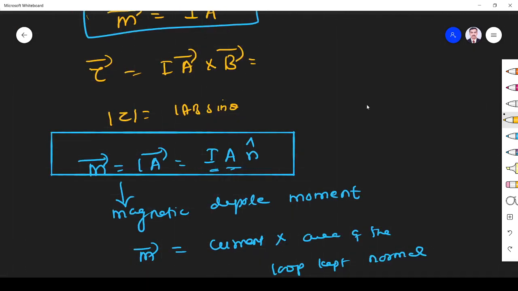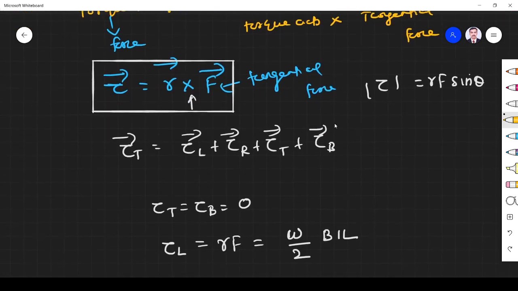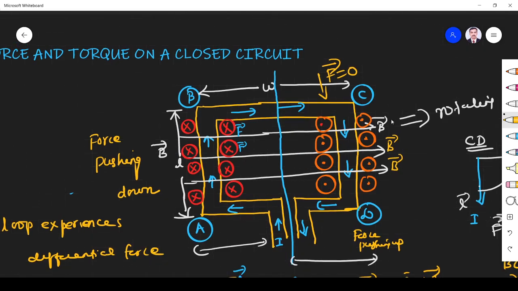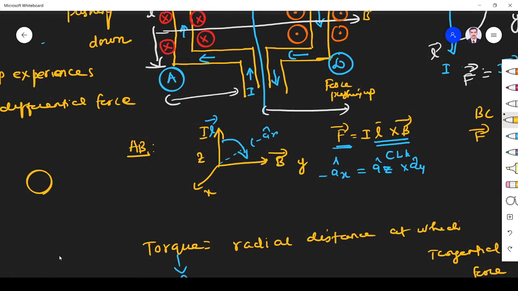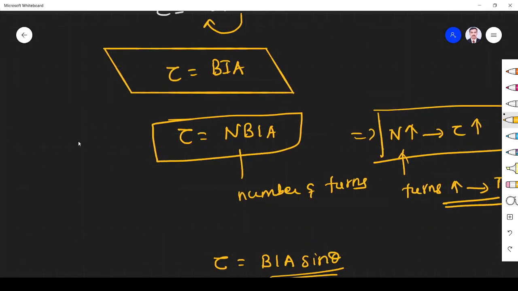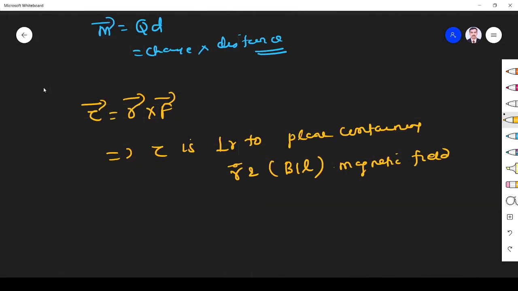It is rotating, pushing down and pushing up compared to the field lines. You see how it is rotating here. The magnetic field is in this direction, and it is pushing down, perpendicular to the magnetic field direction and perpendicular to the R direction, because R is going in this direction. So it is perpendicular to both R and B. So the resulting rotation will be perpendicular to R, which is a radial distance, and B, the magnetic field. Those are very, very important points to be noted.